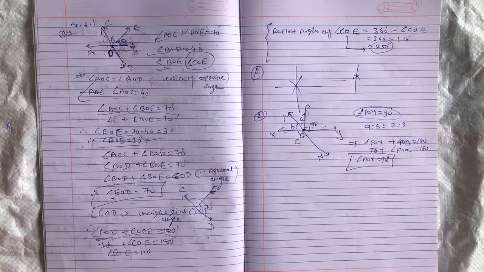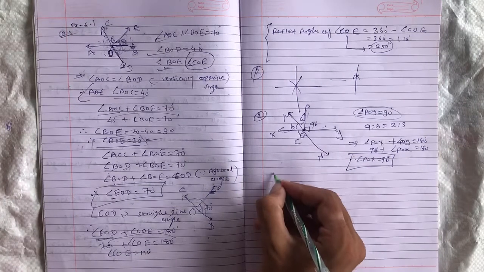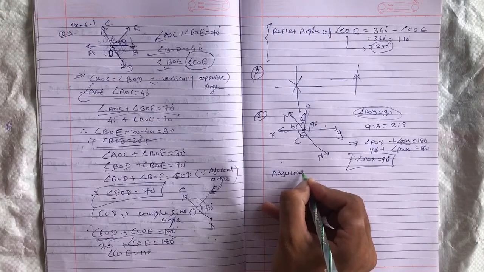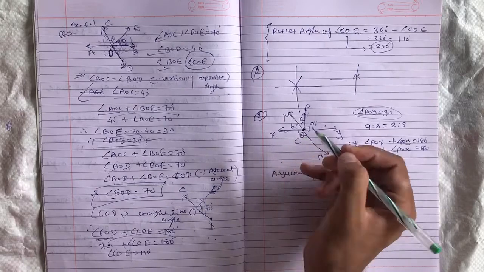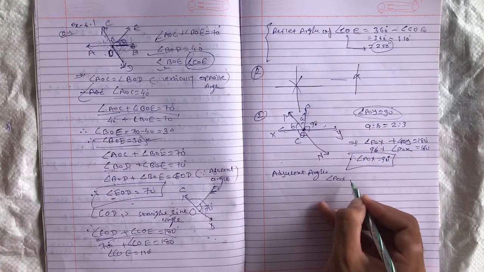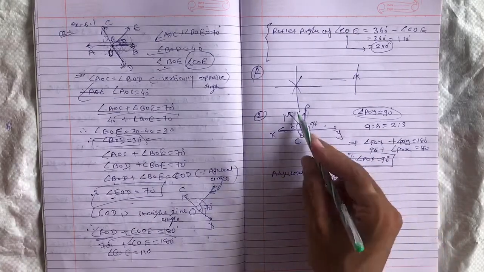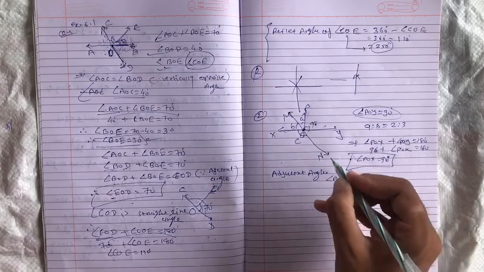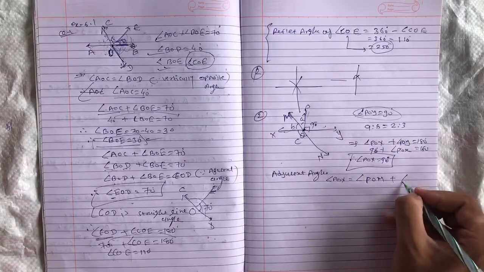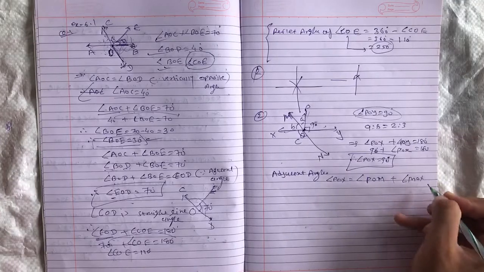Now the adjacent angles of POX. POX means what? The addition of these two parts, POM plus angle MOX.